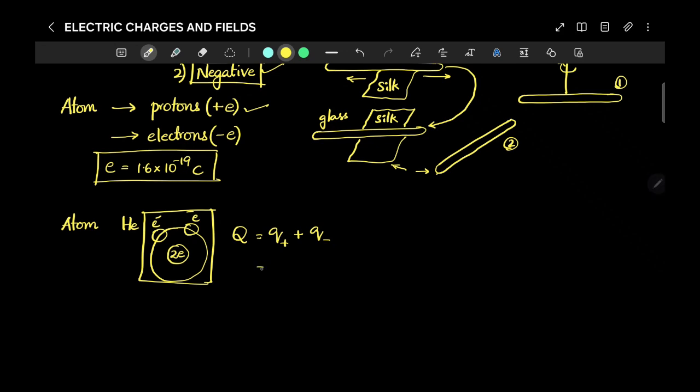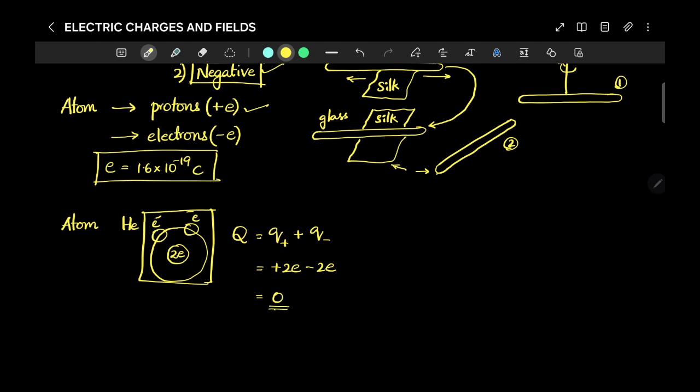So what is the net charge here? It is plus 2e, because there are 2 positive charges, that is protons. And due to electrons, it will be minus 2e, because the charge of electron is negative. Now if you add these two, what is the net charge? 0.